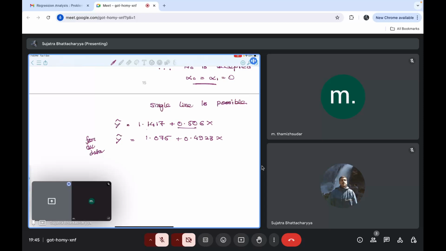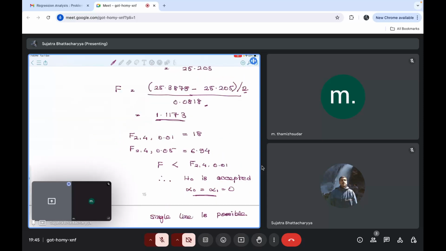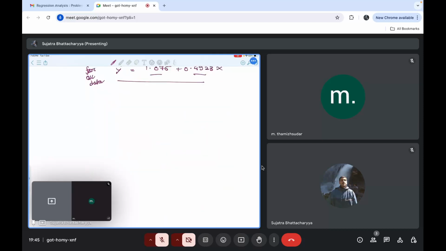You can clearly see that these are nearly similar. Okay, so whether you go ahead with this dummy variable approach, it will also give a similar result. So this is a question which shows you how to test the hypothesis and how to solve it using the extra sum of squares. So this is what I wanted to show. If assignment questions come like this, you can now do them based on this.